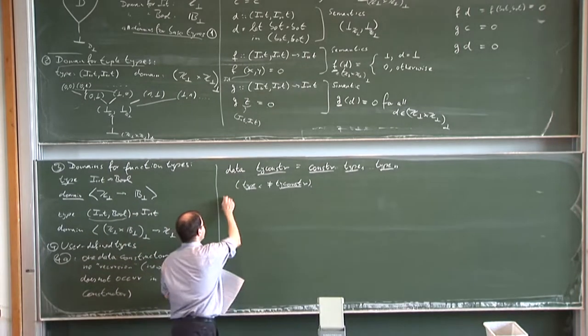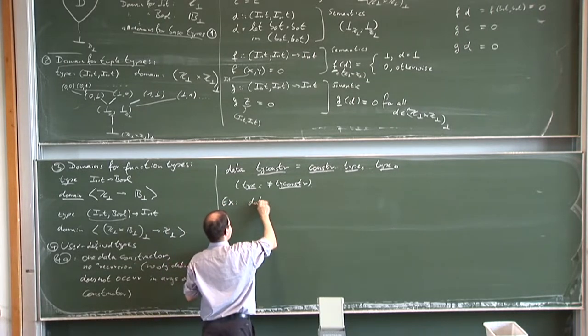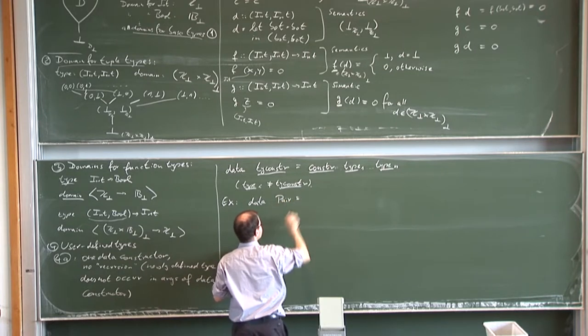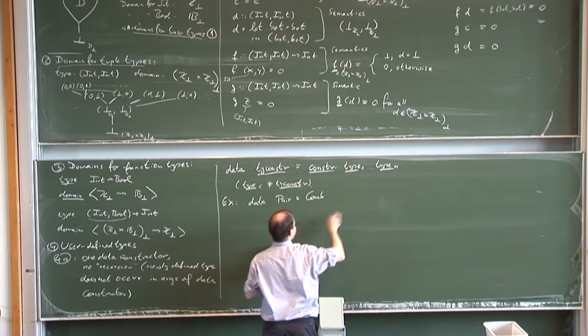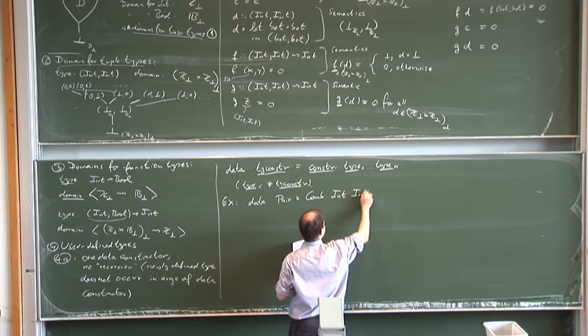So an example would be some data structure like this. A data structure which I call pair. It has just one data constructor, which I might call comp for combine, and it combines two integers to a pair.